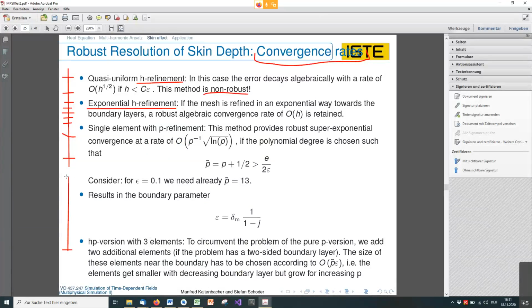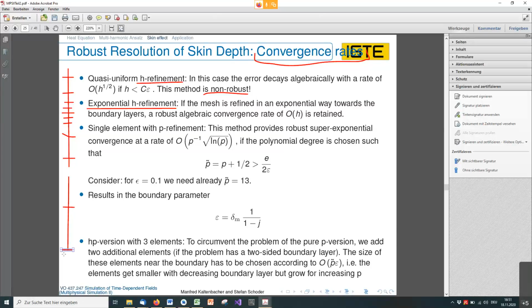Okay. You just imagine you have an exponential scale, or if we transform a length by the logarithm, you can then also do a quasi-uniform refinement, but it means more or less all the elements, or the refinement, is done like this.